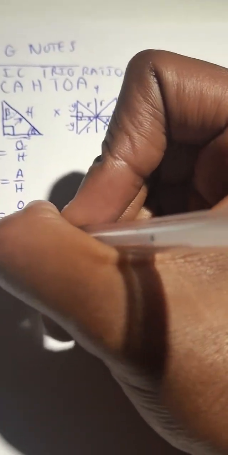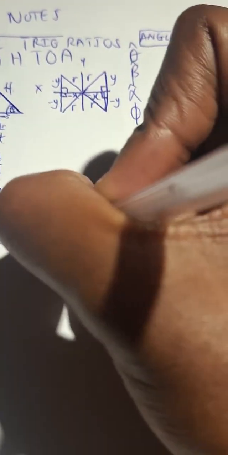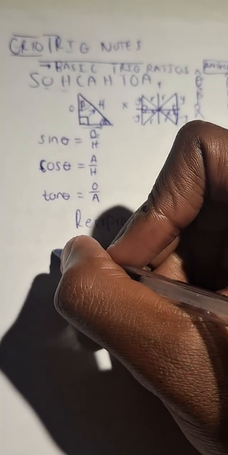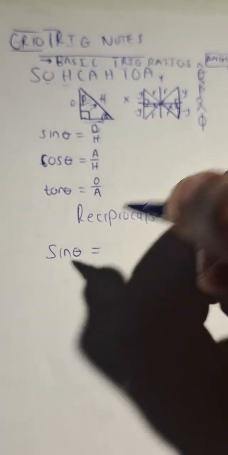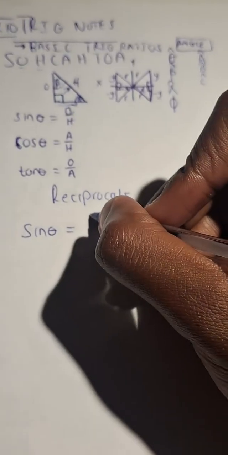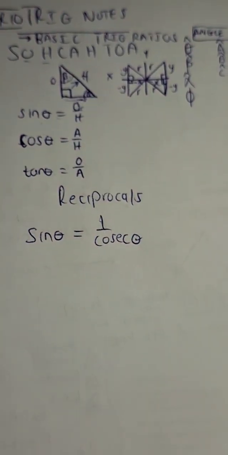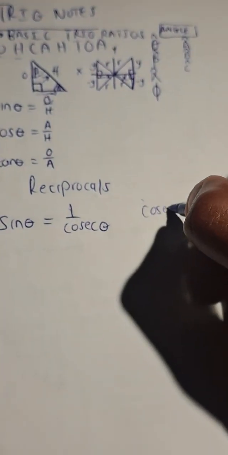Then there are what we call the reciprocals. Now sine theta is equal to 1 over cosec theta, or you can say cosec theta expressed in terms of sine is equal to 1 over sine theta.